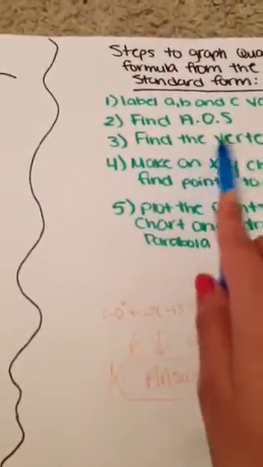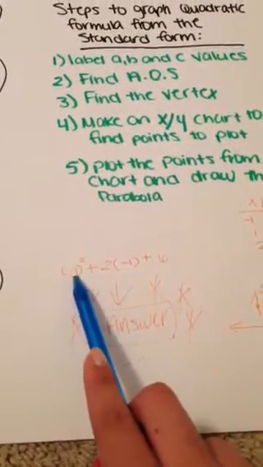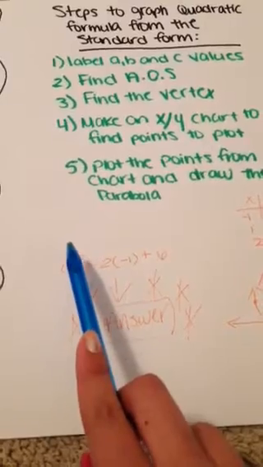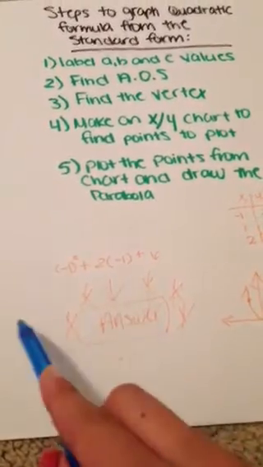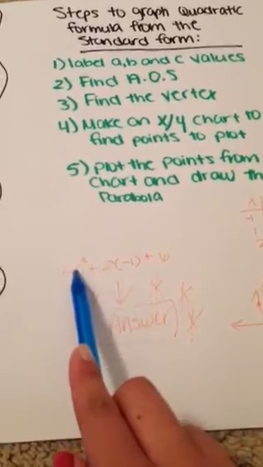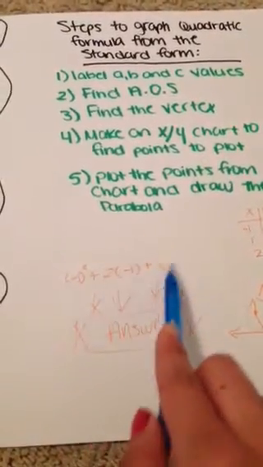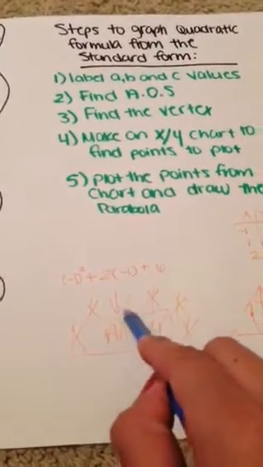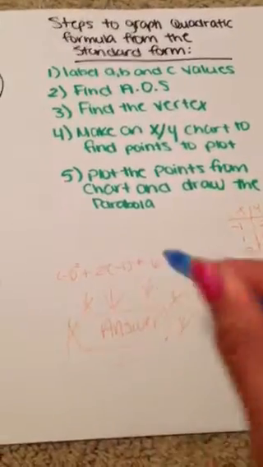Step number 3, find the vertex. So once you do that, for example, you will need to plug in, so this was our axis of symmetry supposedly. I have pre-worked these problems just so I can explain to you, because I find that that's easier. If this was our axis of symmetry, then you plug it into the rest of the equation, and whatever you get is the other part of your vertex, because this is your x part of your vertex, but you also need your y.